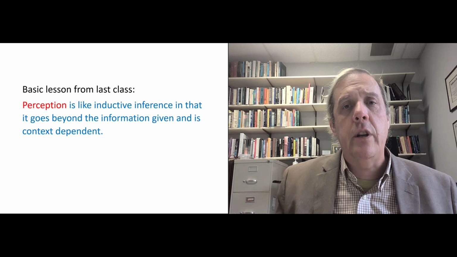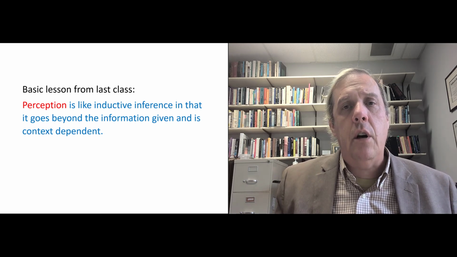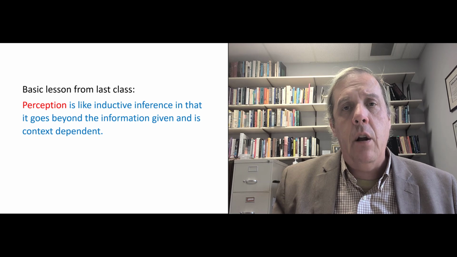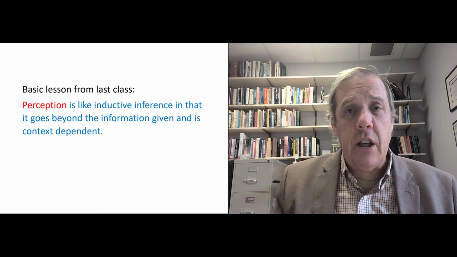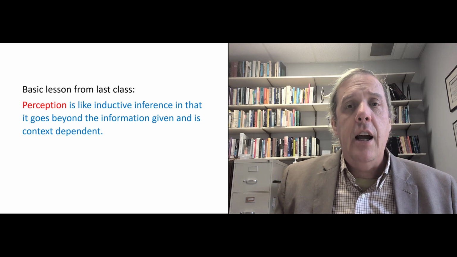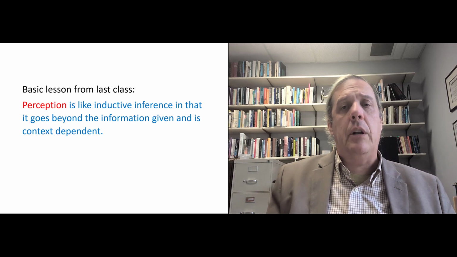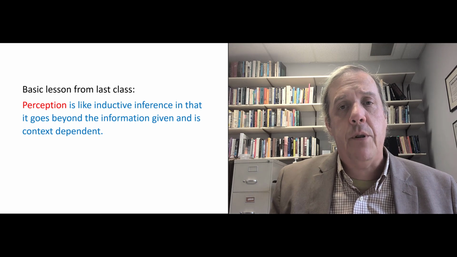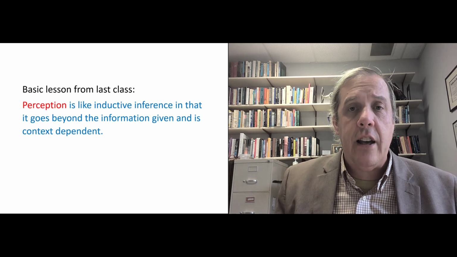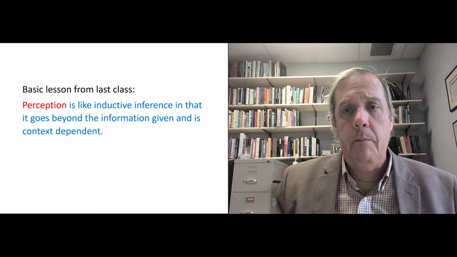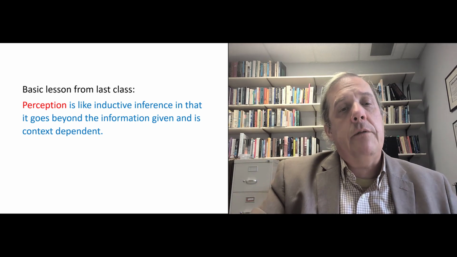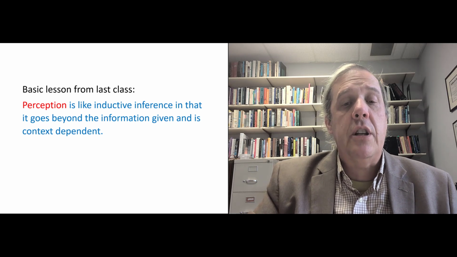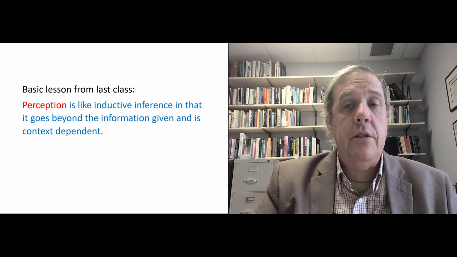And this process of reconstructing what you think should be out there looks a lot like inference. It goes beyond the information given, it's context dependent, and this is a common cause of all kinds of misperceptions. You don't see things that you don't think should be there. So again, perception is like inductive inference in that it goes beyond the information given and is context dependent.